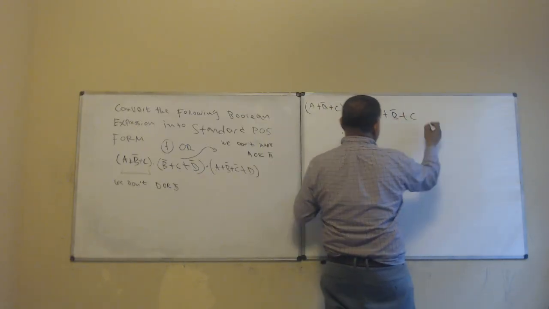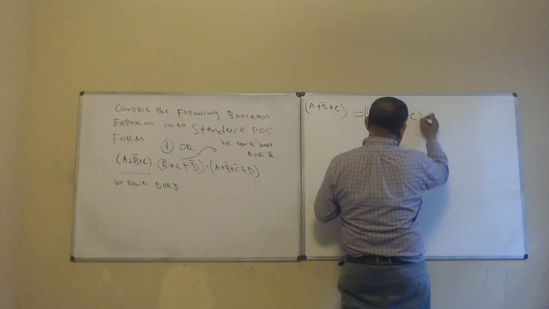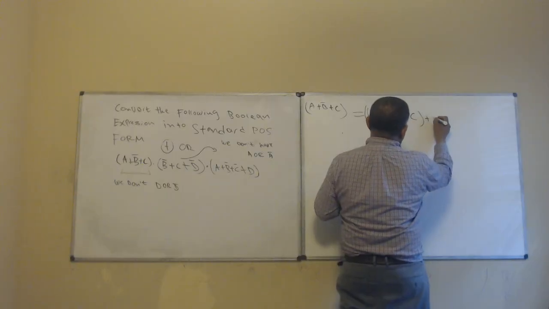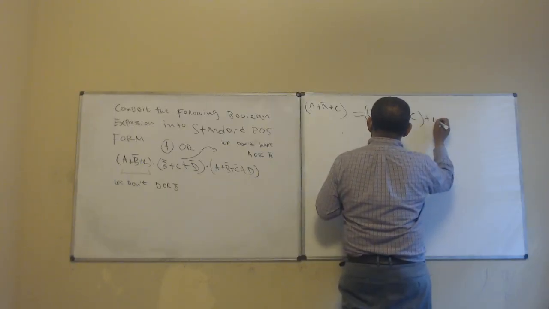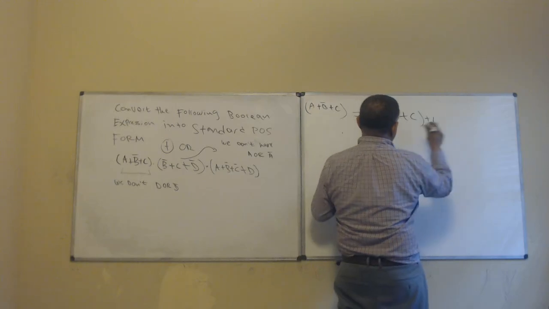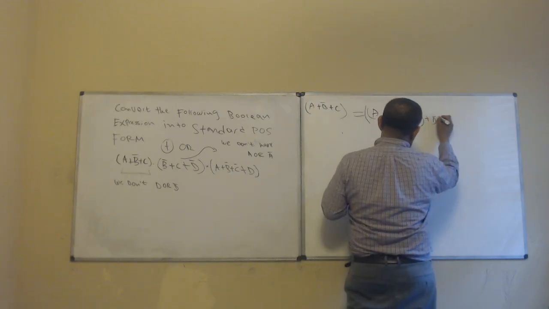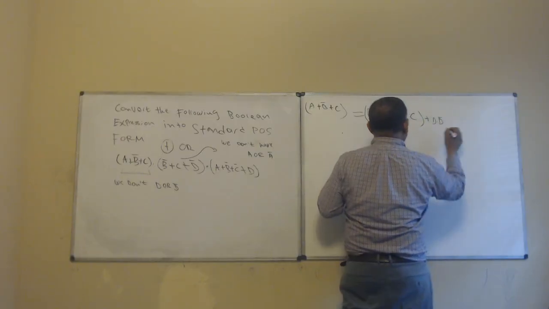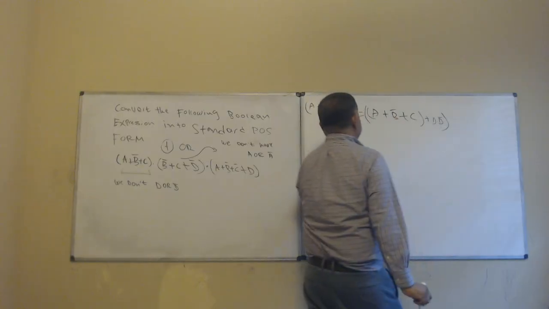You can put parentheses, and you can put this term, and this parenthesis closing this piece, plus something else. What am I missing? I'm missing D, right? Plus D multiplied by not D, right? Close the parenthesis.